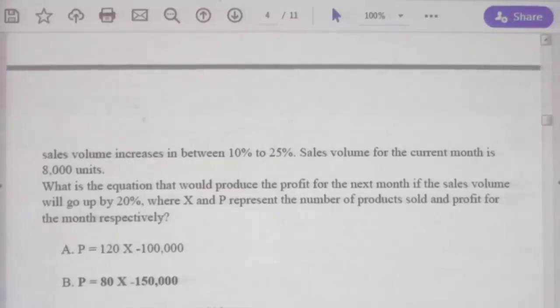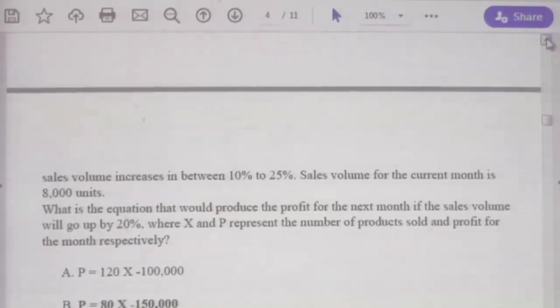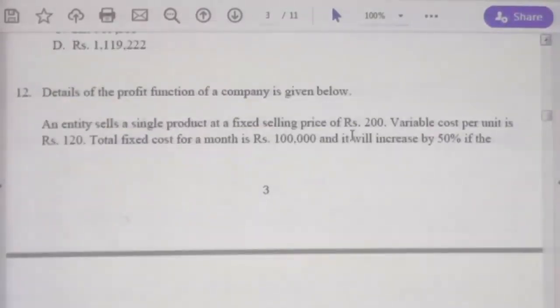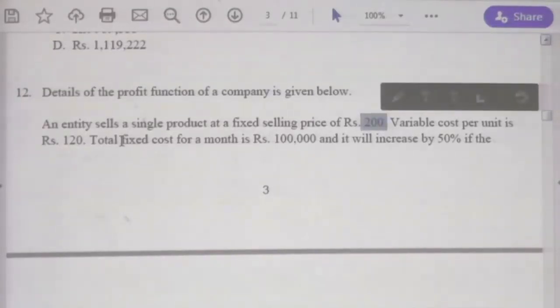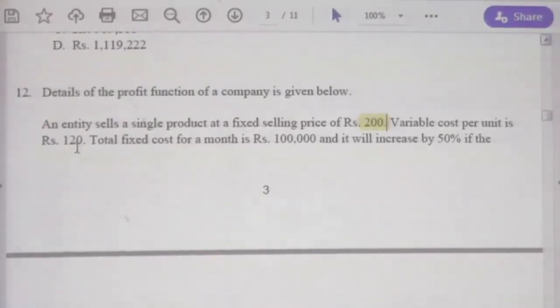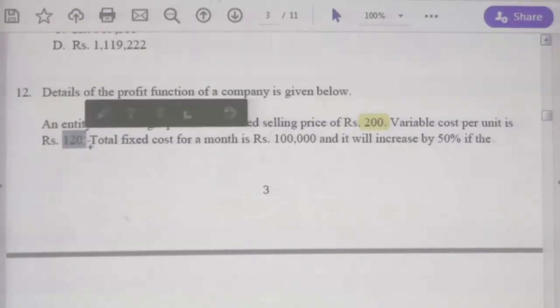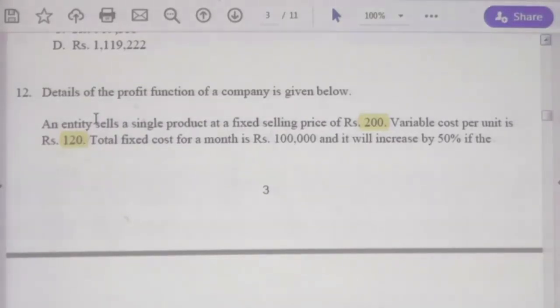You know the contribution per unit. Contribution per unit here: selling price 200, right? And the variable cost 120. Therefore, contribution will be 80 rupees per unit.